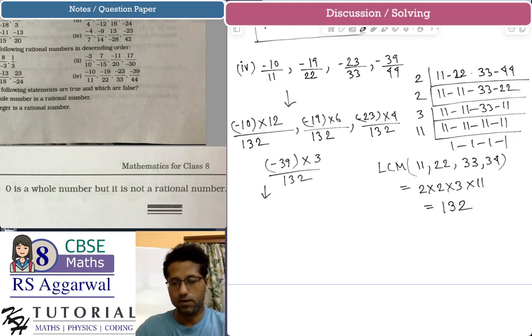So now the given rational numbers become minus 120 by 132.